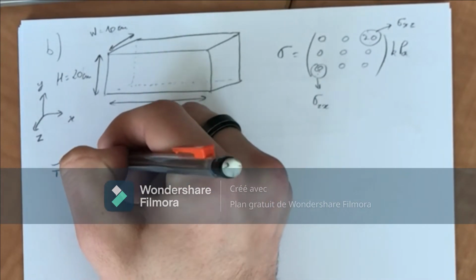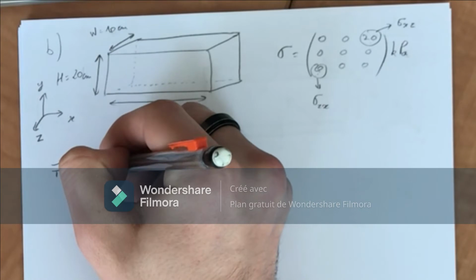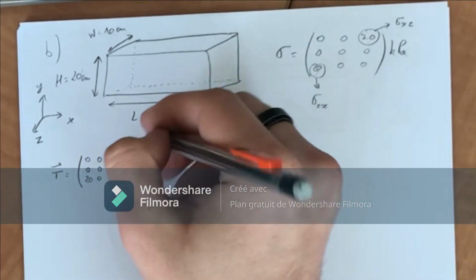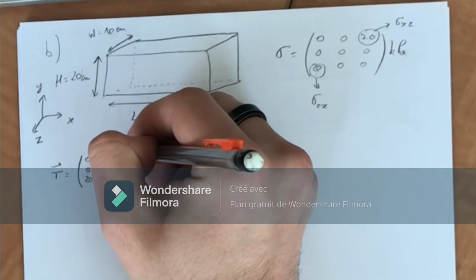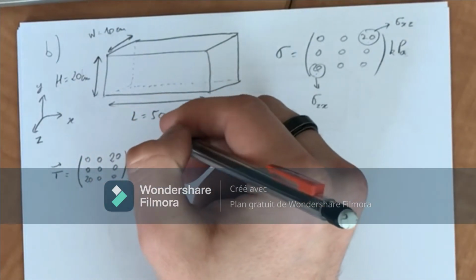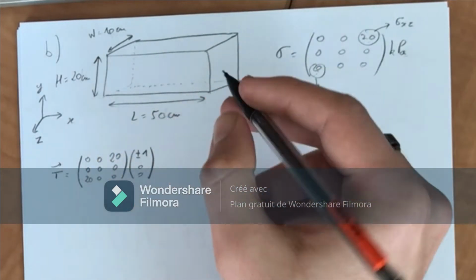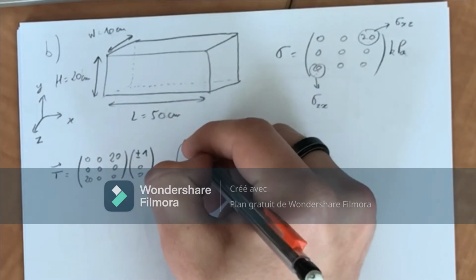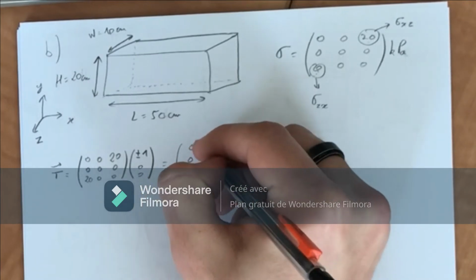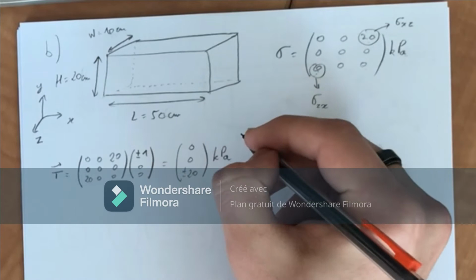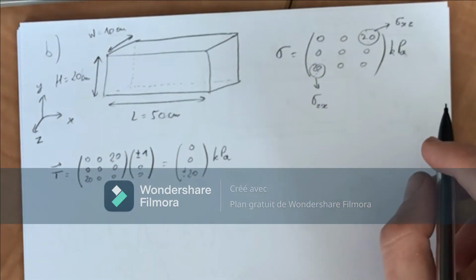So as you can see, we put the matrix here times, this time, we will start by, for example, the unitary vector along the x-axis, and we got something along the z-axis, and this is of course in kilopascals.